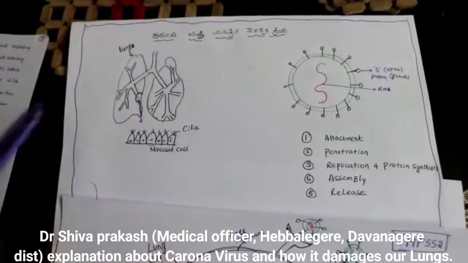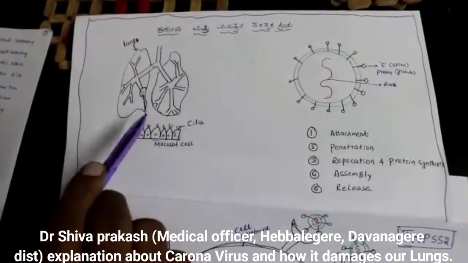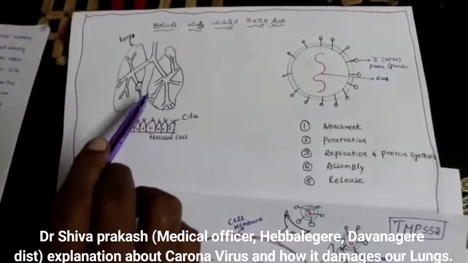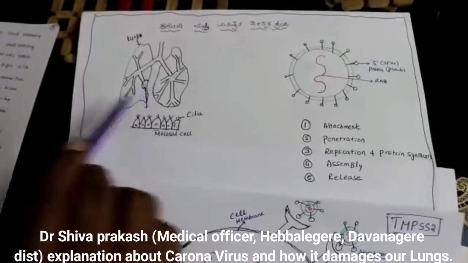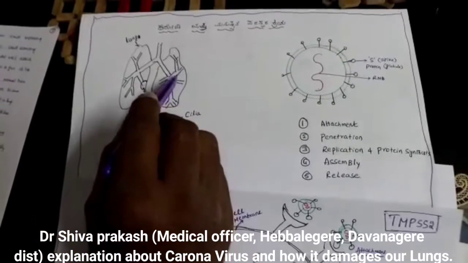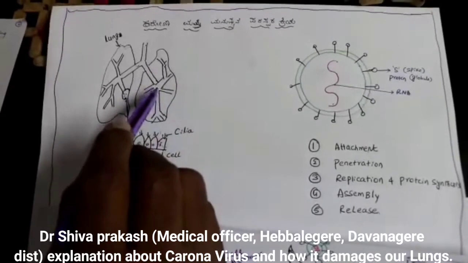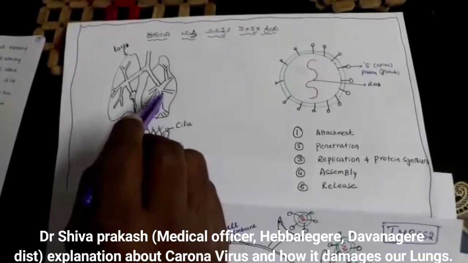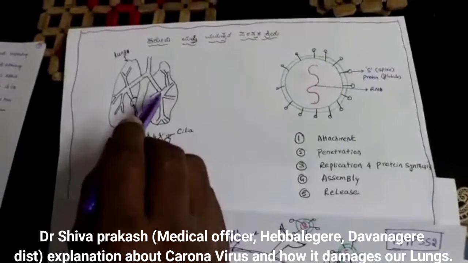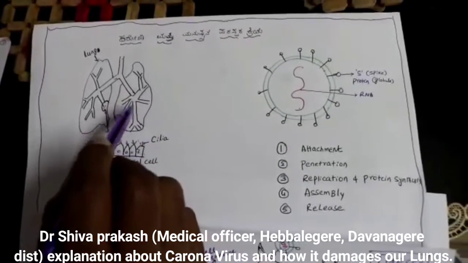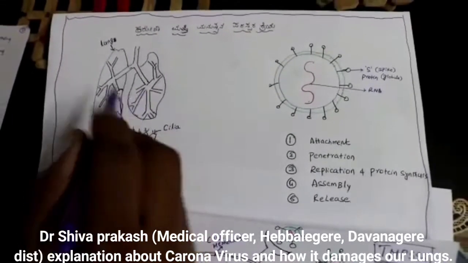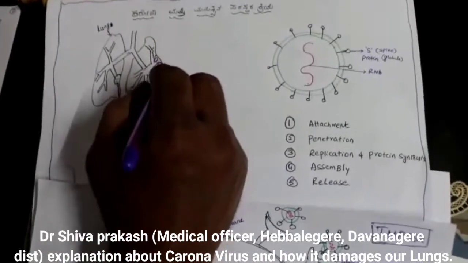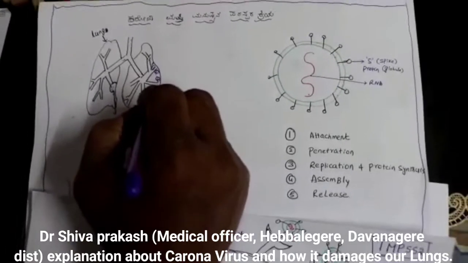WBCs want to attack the viruses, but the WBCs' attack is not specific, not target oriented. It's not like a gun, it's like a rocket launcher. It attacks the normal lung tissue along with the viruses and destroys the normal lung tissue also. Because of constant destruction of lung tissue, debris is formed inside the lungs.